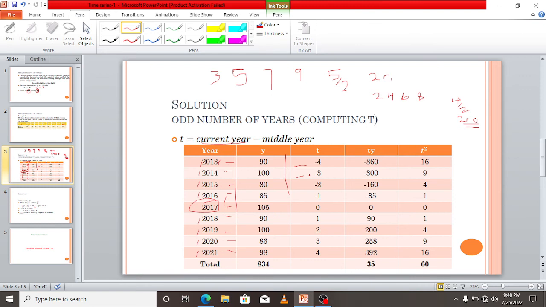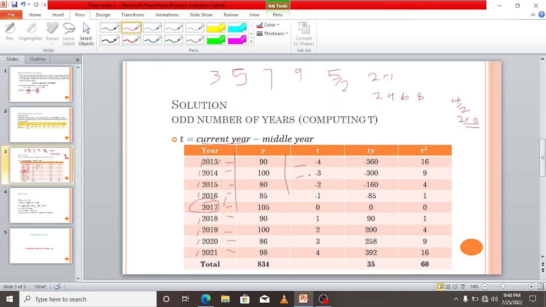And then according to the demand of our formula, we should get ty, t squared, and then the summation of y. So n, we have it is 9, the number of years. Okay, so meaning we shall multiply to get ty, it is t times y.